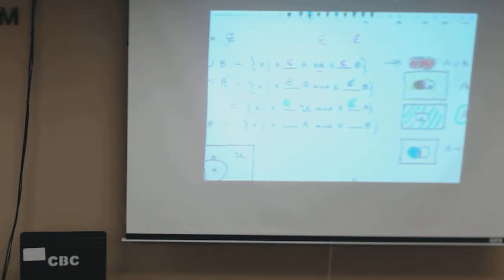So what do I put in the empty spaces? X is an element of A, and X is, now where's B prime? Change that to red. Where's B prime? Everything outside of B. And since it says and, that would be intersection.